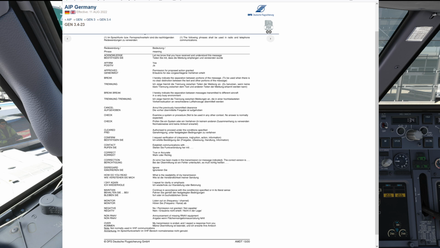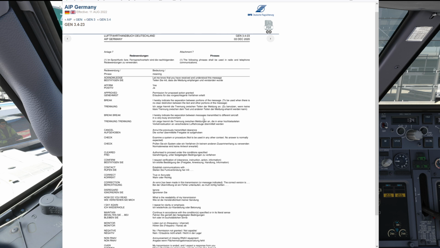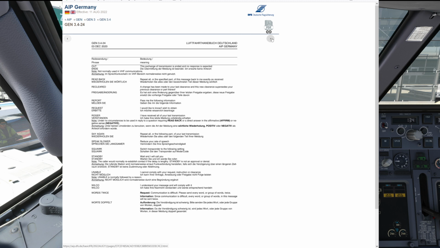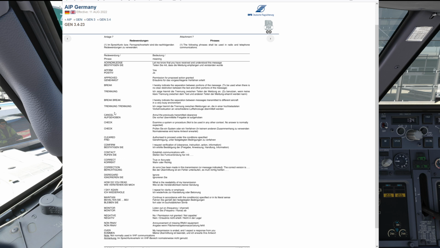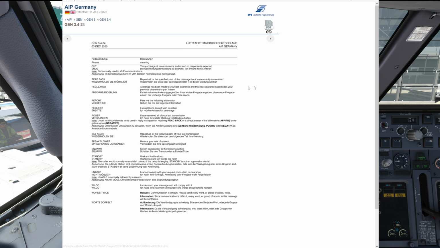And these are just some basic words that you should be familiar with. However, be aware that you don't have to know all of them by heart, because most of them are actually fairly obvious. Like for example, cancel something, or cleared for something, or confirm something. Contact, correct, that is like self-explanatory stuff.